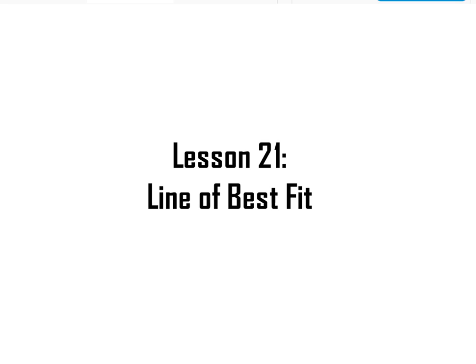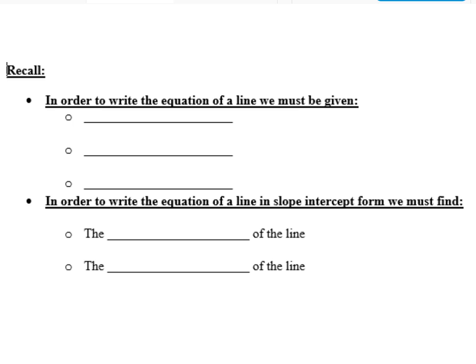The first thing: there's a couple of different ways that we can be given information. Best case scenario, they give us both our slope and our y-intercept. That's the easiest way, because then it's just a matter of plugging into y equals mx plus b. Another option is that they give us the slope and a point, which isn't too bad. The only thing there is we have to find b.